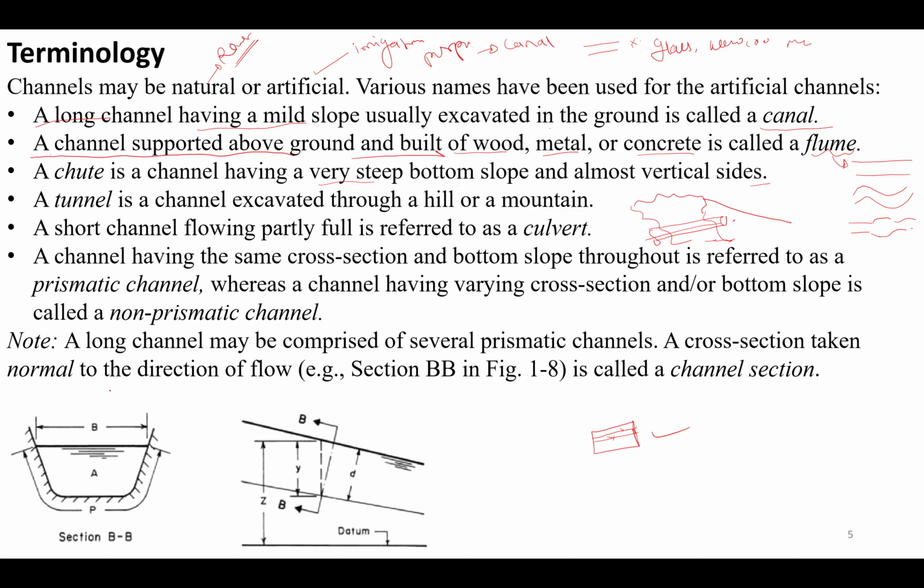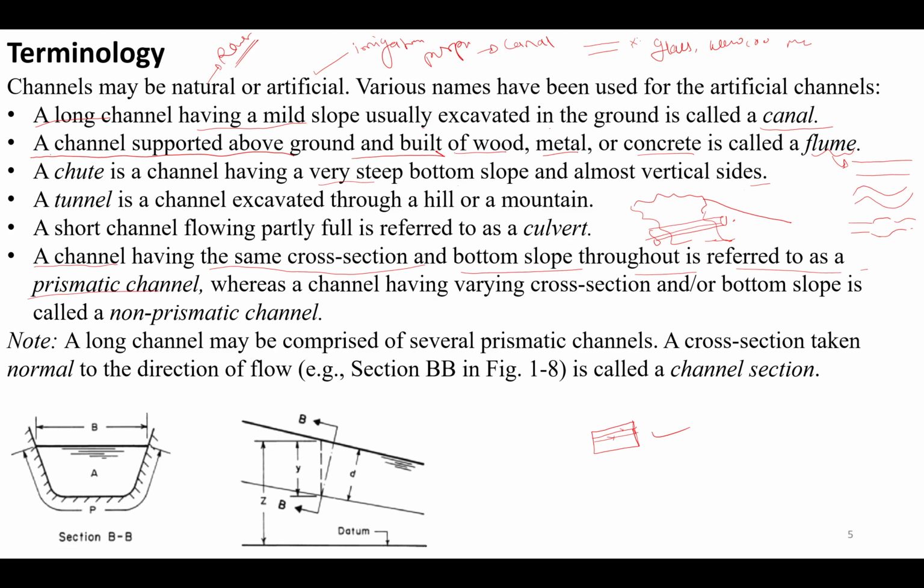Now moving ahead, a channel may be prismatic or non-prismatic. A channel having the same cross section and bottom slope throughout is referred to as a prismatic channel.